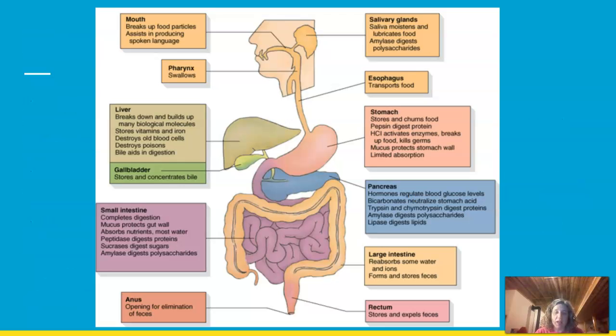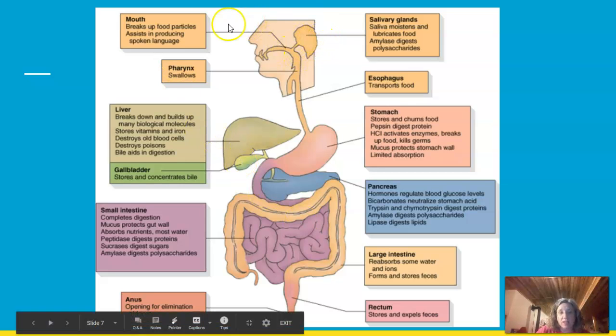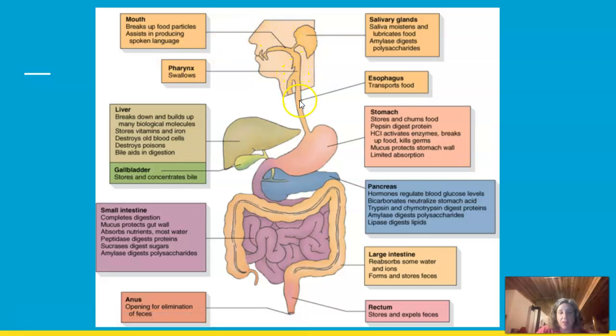So here is a picture of the digestive system. Of course, you have the salivary glands, you have the mouth, and then the food goes through the pharynx into the esophagus. You have the stomach here, and over here is the liver, which breaks down and builds up many biological molecules. It stores vitamins and iron, destroys old blood cells, destroys poisons, and the bile aids in digestion.